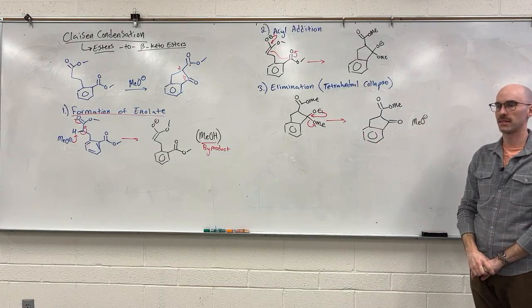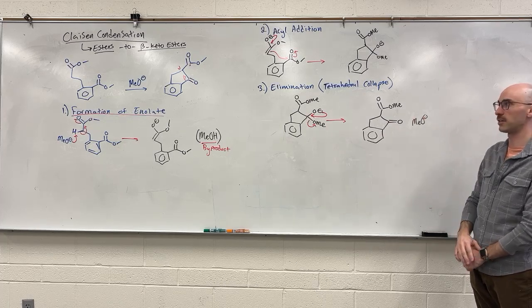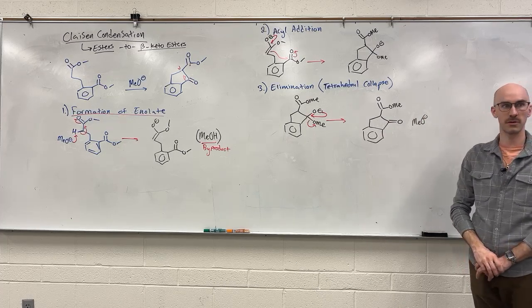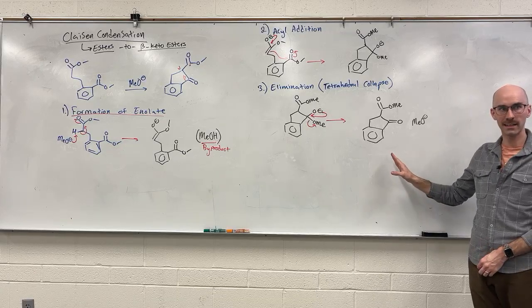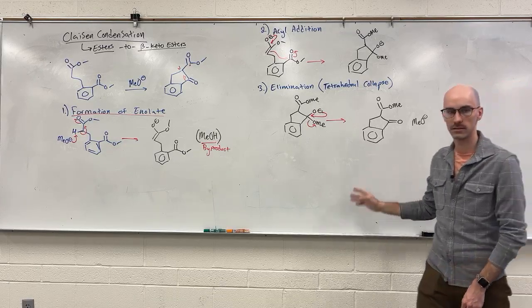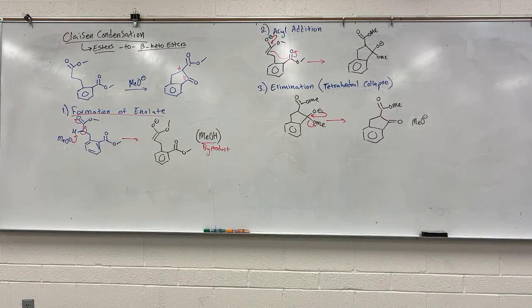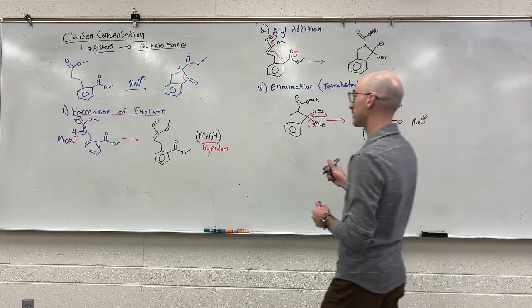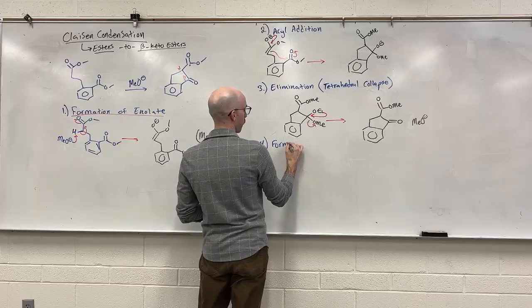The enolate is the conjugate base of the alpha hydrogen deprotonation. Why would an enolate form after this? We still have an alpha hydrogen, but it's not the same alpha hydrogen. It's not in the same conditions that we had before.